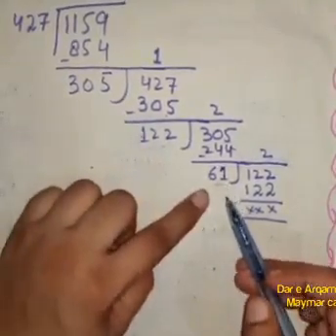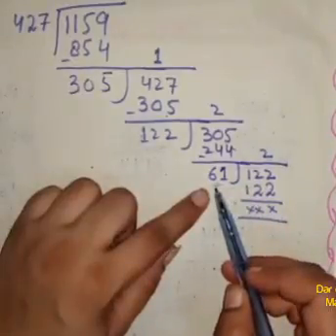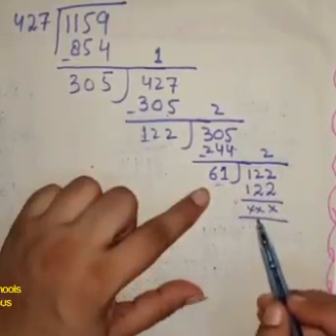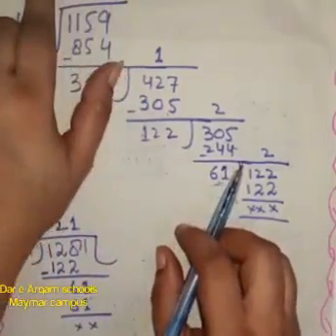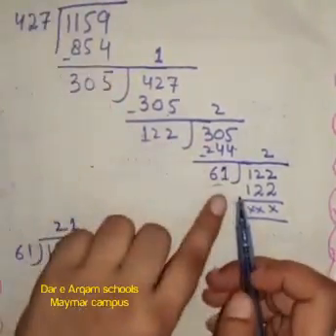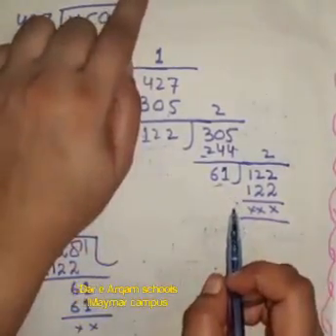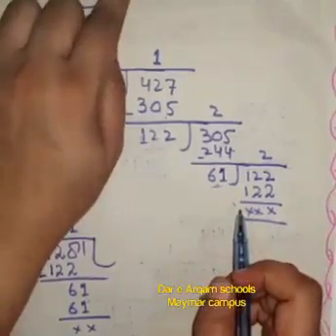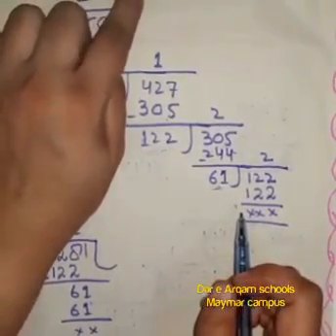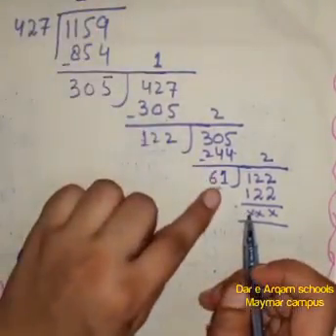And at last, when we divide 122 with 61, we get no remainder. So you find the highest common factor of these two numbers. Now you will check this 61 with the next number, whether it is the highest common factor of this number too. For this purpose, you will divide 1281 with 61.